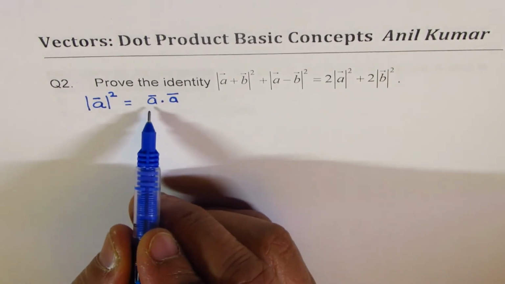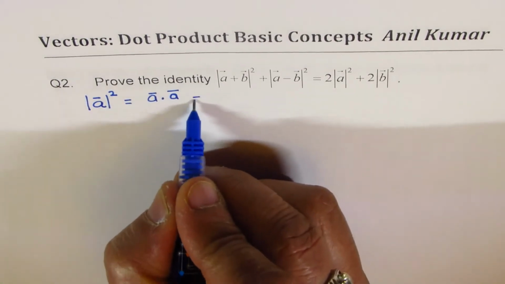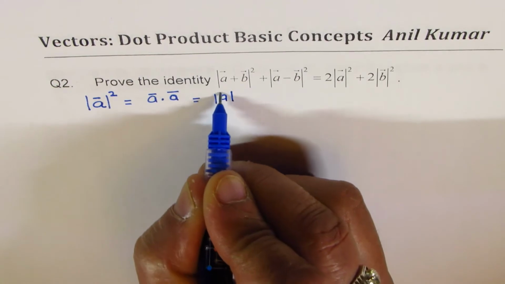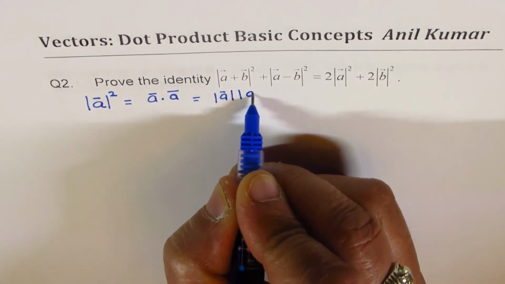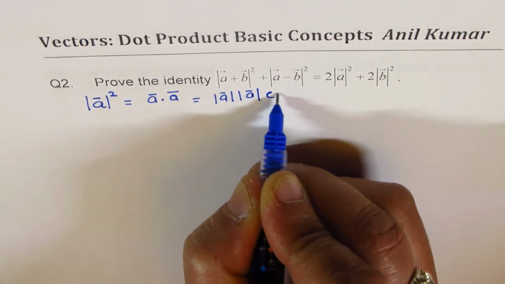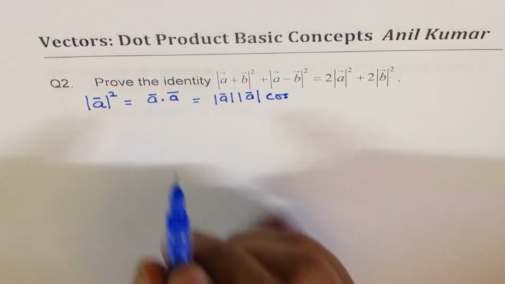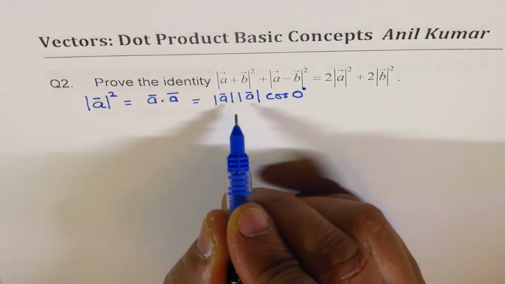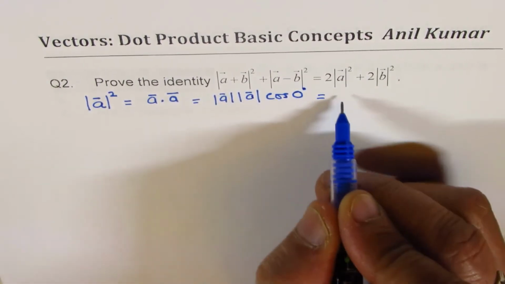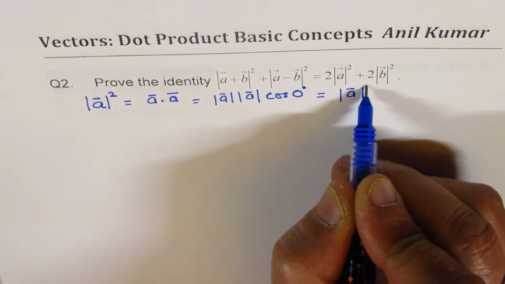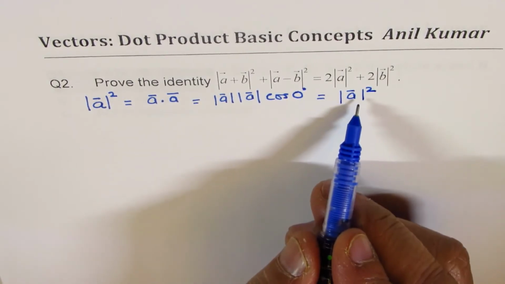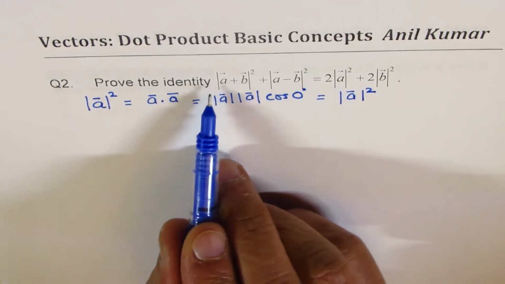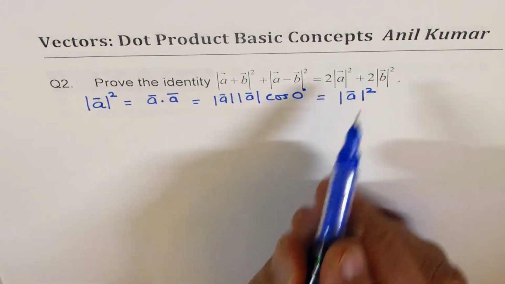As you can see, A dot A basically will be magnitude of A times magnitude of A times cos of the angle between them. So cos of 0, 0 degrees being the angle between them. So that gives you magnitude of A whole square. So this is the property which we are going to use to prove this identity, right?